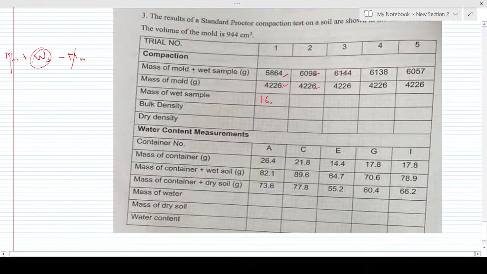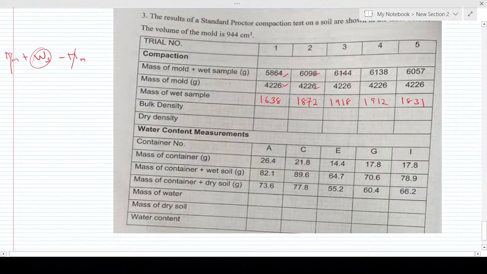Then we have 6098 minus 4226, that gives 1872. Then 6144 minus the same 4226 gives 1918. This gives 1912. And this gives 1831.